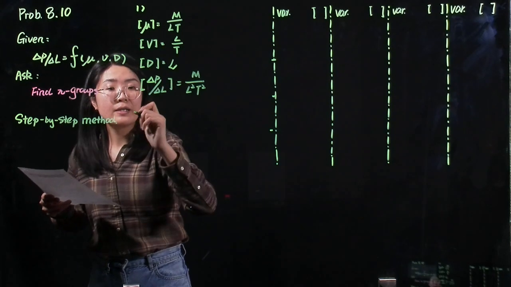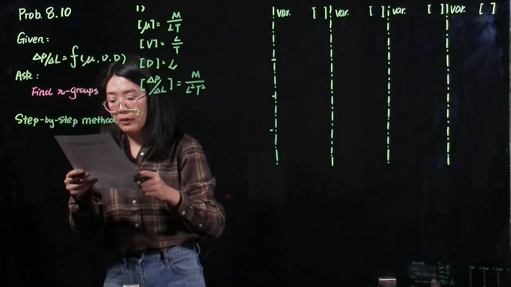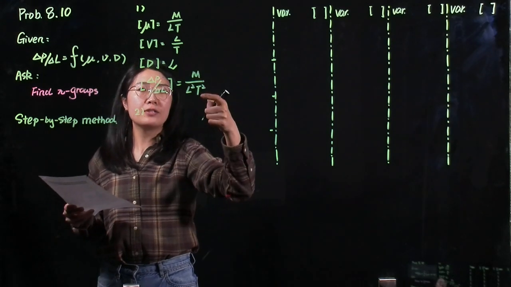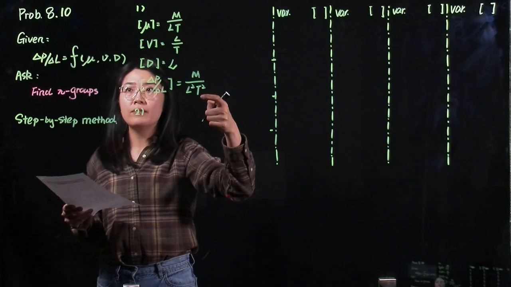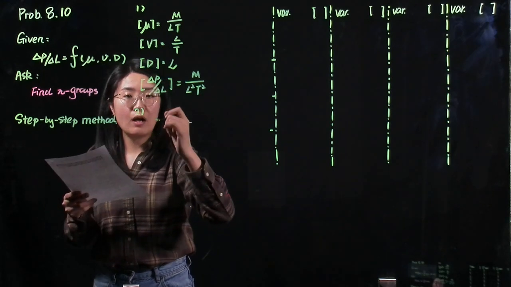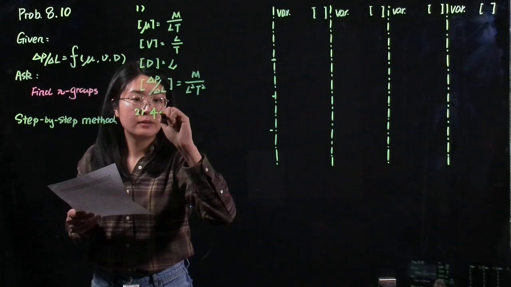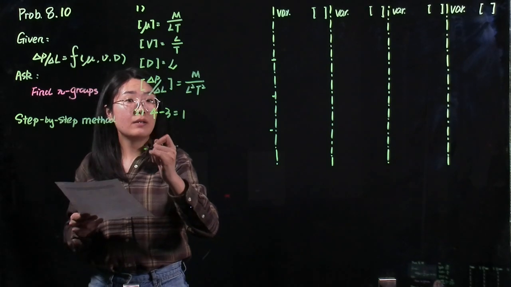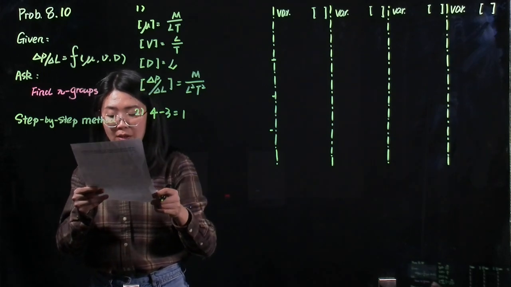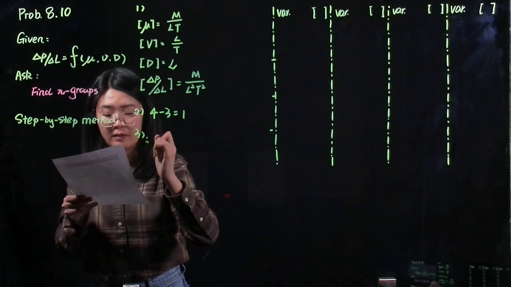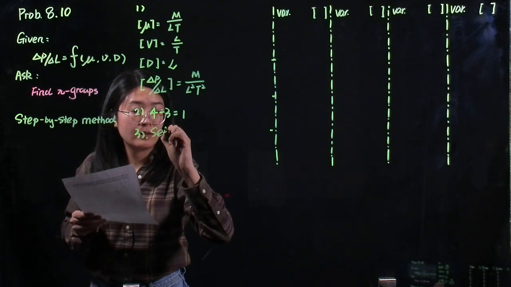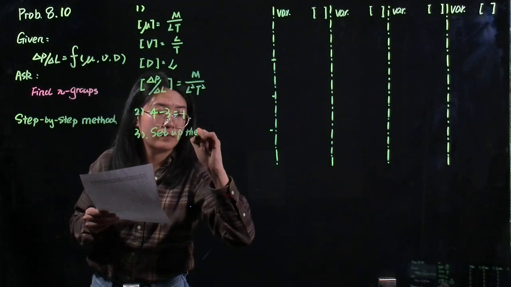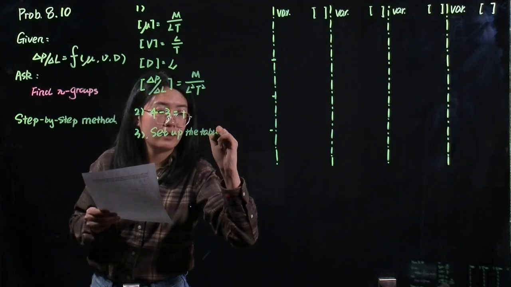Okay, so the next step, we determine the number of pi groups, right? We have 4 variables and 3 dimensions. So the number of pi groups is 4 minus 3, which is 1. And then in the next step, we set up the table.